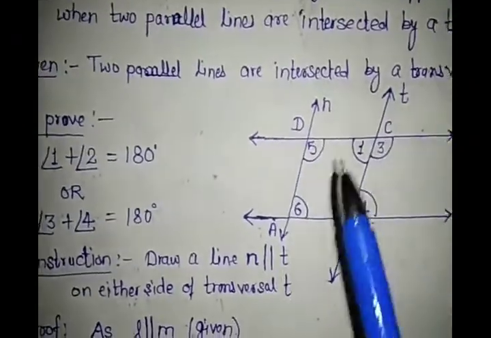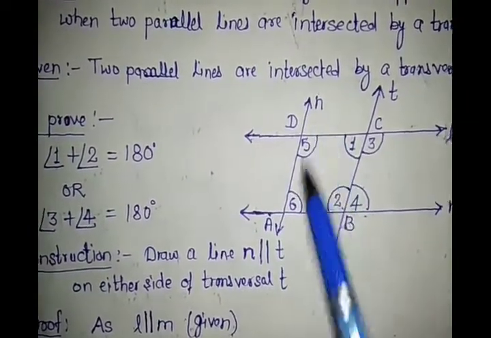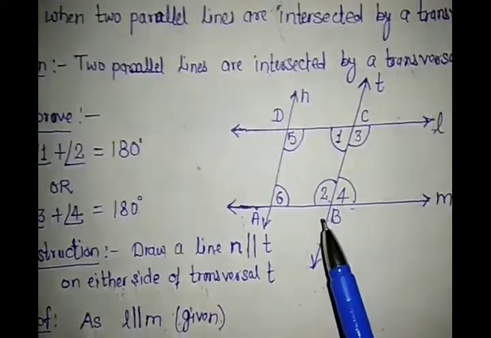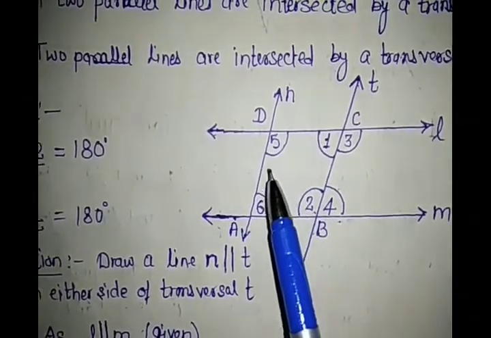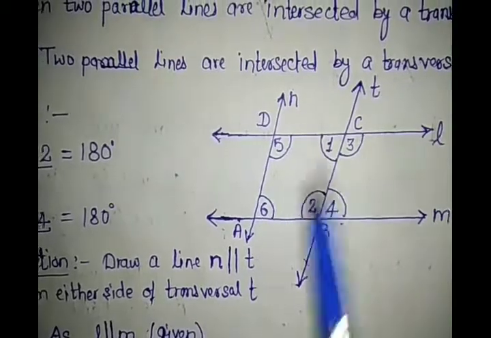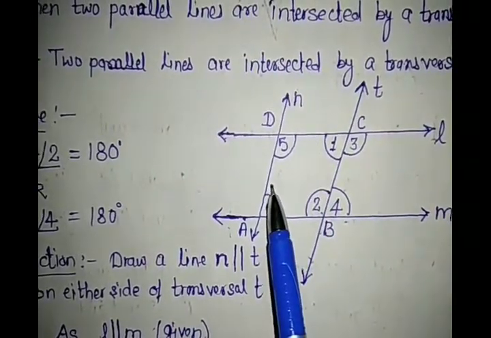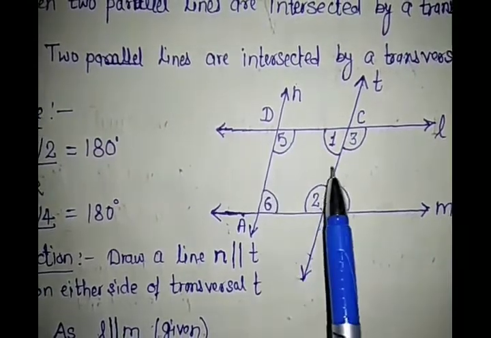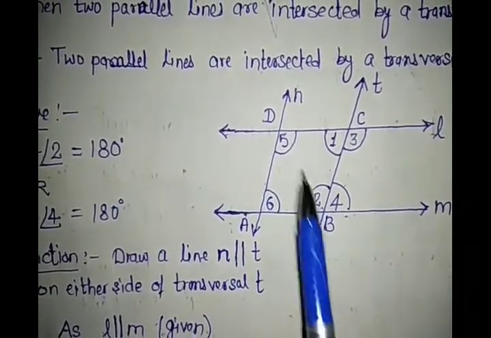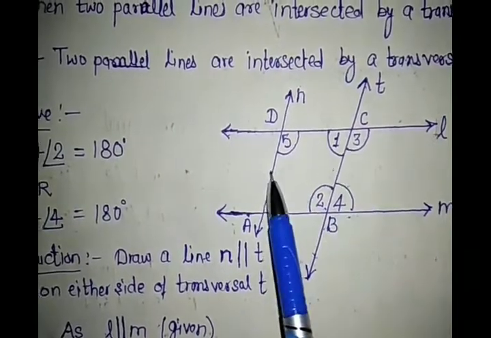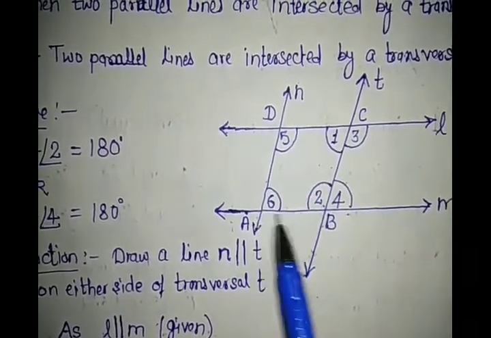So these two lines and these two lines which are parallel, the pair of two parallel lines which construct this figure will be a parallelogram because opposite sides of this quadrilateral are parallel. So ABCD is a parallelogram.